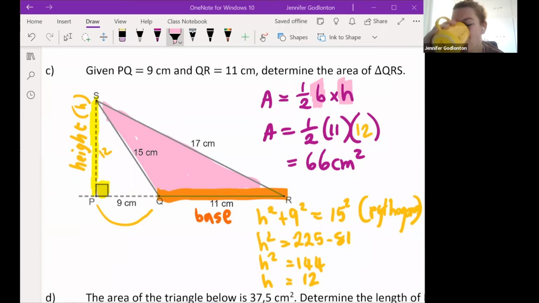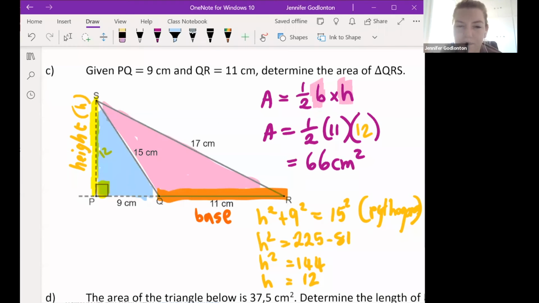I'm sorry, ma'am. You said 9 is not part of the triangle, and we're only using the 11 centimeters. But you used the 9 centimeters when you were trying to find the perpendicular. Why is that so? Because the 9 is part of this blue triangle over here, and if I'm looking for my height, it is part of that blue triangle. The 9 and the 15 are part of that blue triangle. I still don't understand, ma'am. Okay, can you try and explain where the confusion is coming from?